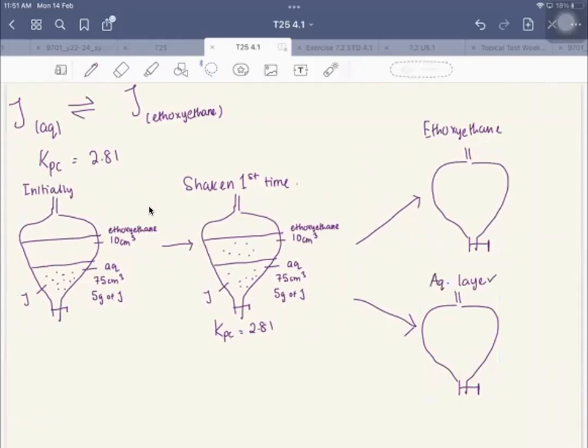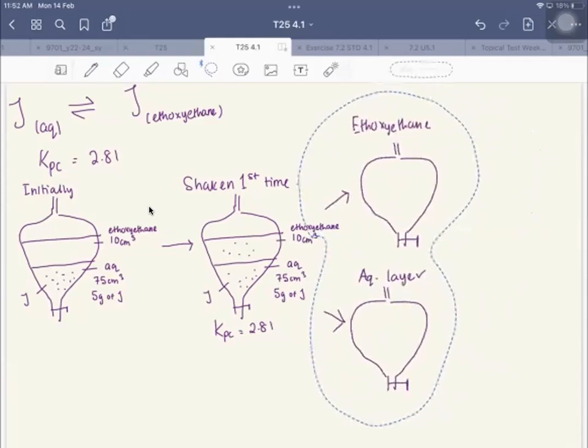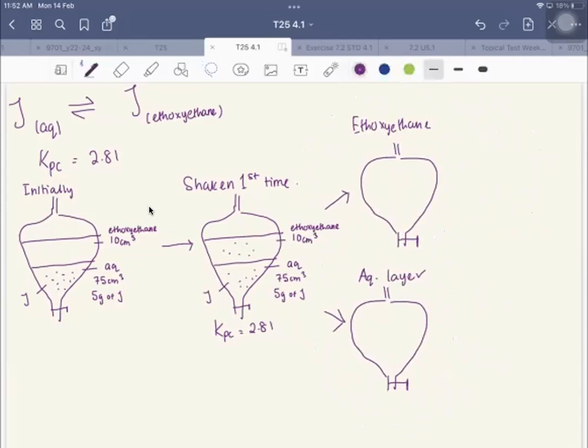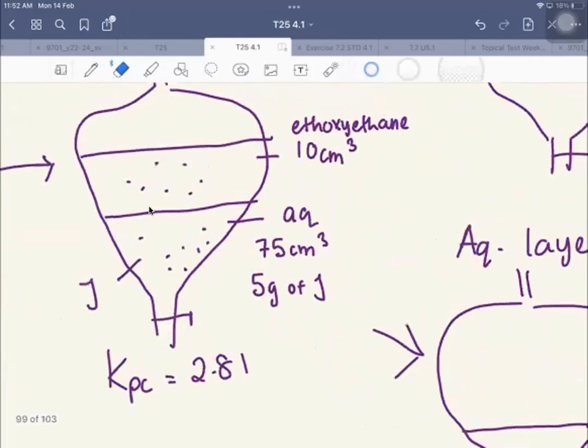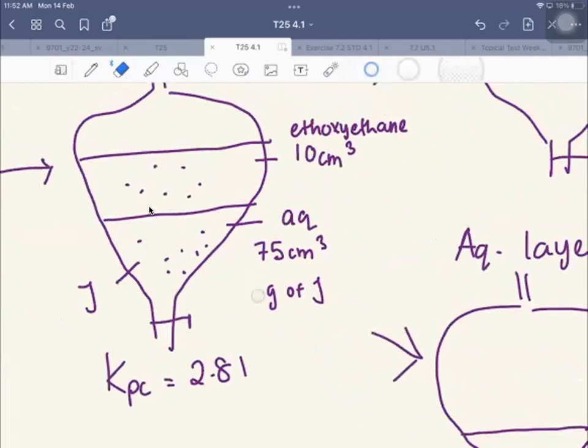Okay, I'm taking a lot of space. The aqueous layer was shaken with a second 10 cm³ portion of ethoxyethane. So that means this is my aqueous layer. If you notice that after the first shaking, the mass of J in my aqueous layer will not be 5. It will be something less than 5.